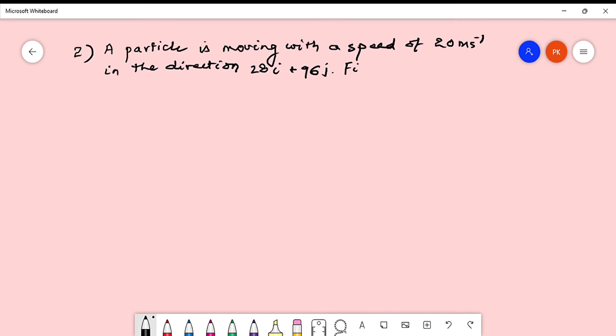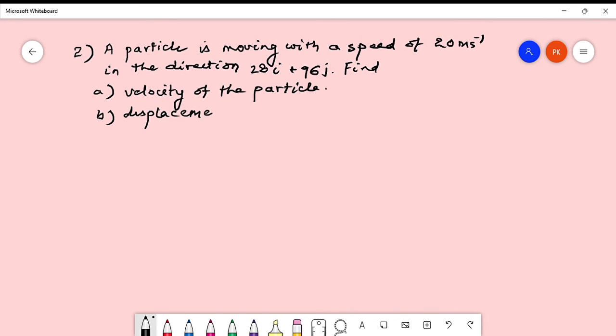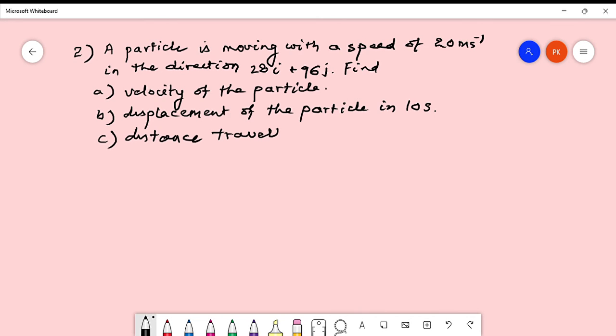So find A, the velocity of the particle, B, the displacement of the particle in 10 seconds, and C, the distance traveled by the particle in 10 seconds.